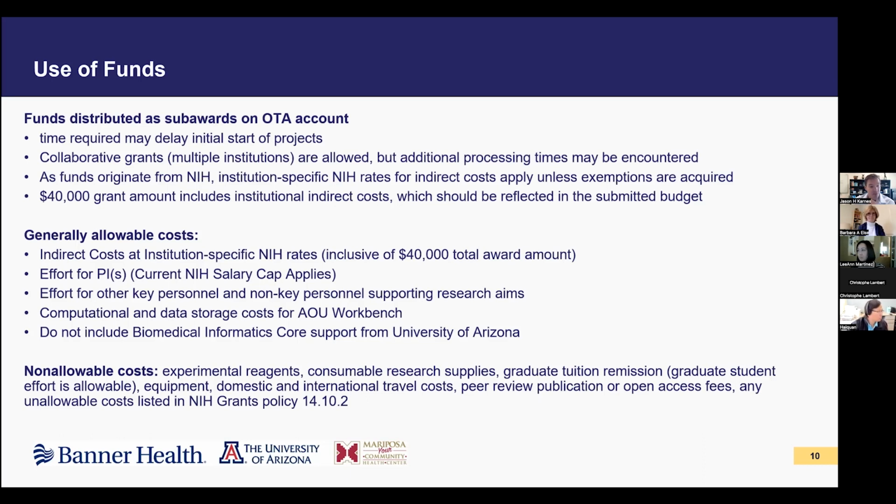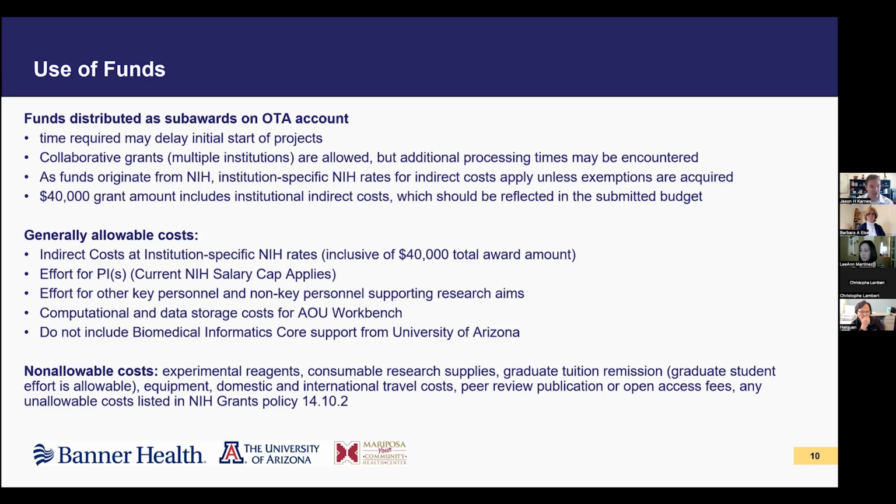In terms of allowable costs, this is mostly going to be your indirects, efforts, and then computational and data storage costs. You don't need to include any of this core support that I just mentioned, but there really aren't going to be many allowable costs outside of that purview. Consumable research supplies, experimental reagents, equipment, those are all not permitted.